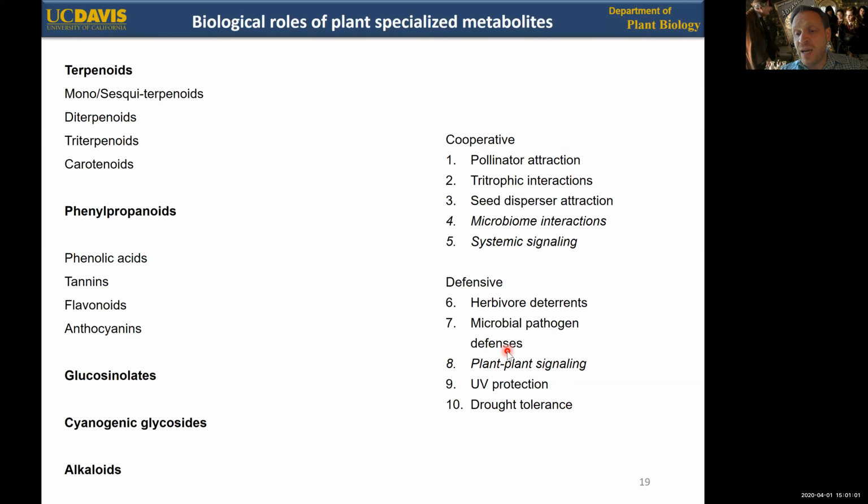Other plants can recognize volatile defense compounds that are emitted from a neighboring plant and can activate their own internal defenses, essentially as a priming for possible defense in response to recognizing that another plant is sending out defensive signals. There are some really fascinating examples with sagebrush and tobacco out there. Then there are some others here that are defensive. There's UV protection. Some of the metabolite groups are functioning in that area.